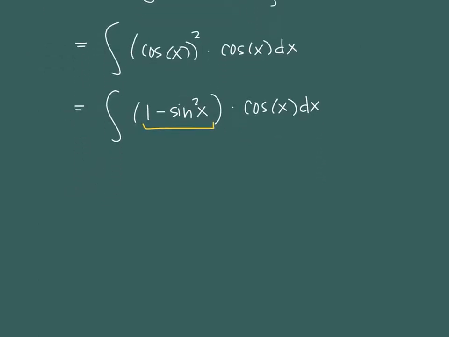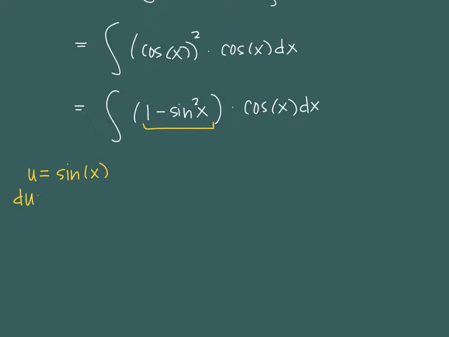Seeing what you have in terms of your product here, and knowing that it's multiplying by cosine, what would be a good choice for your u so that what you choose intentionally will reduce out what's left in the other side of the product? What do you think? Just the sine part. You don't have to do the 1 minus sine squared part. Just the sine part would be a good choice for your u.